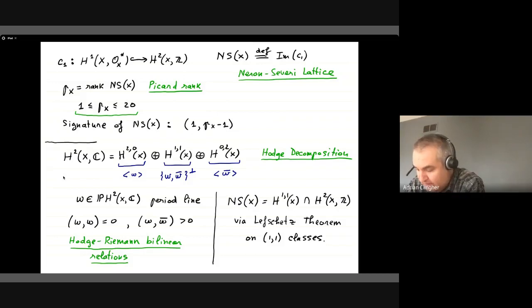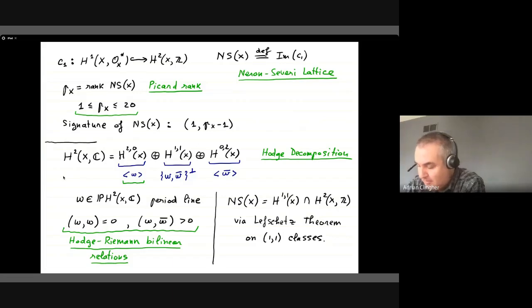Essentially, the entire Hodge decomposition is determined by the period line H20. So if we look at this period line, this is essentially an element in the projective space over H2.